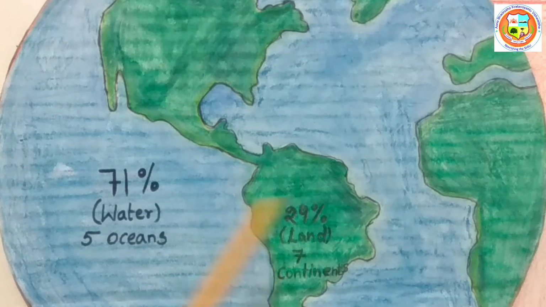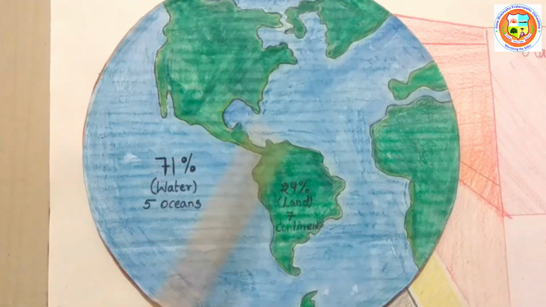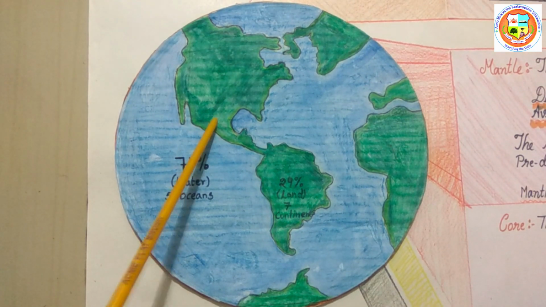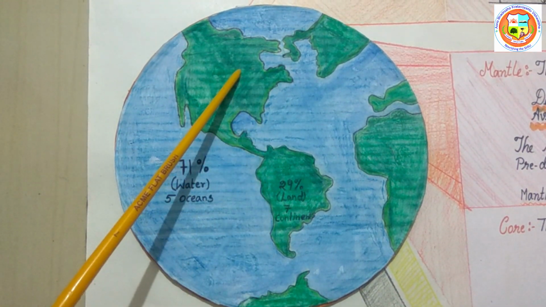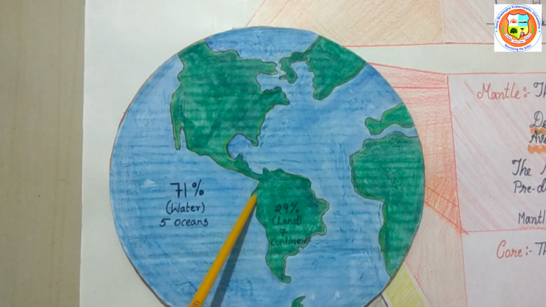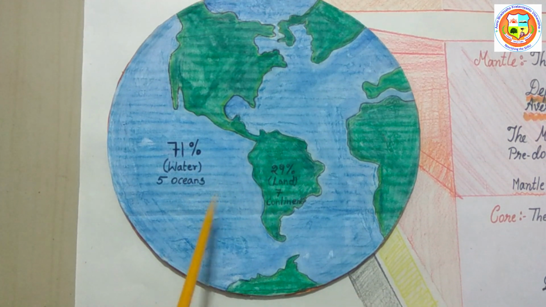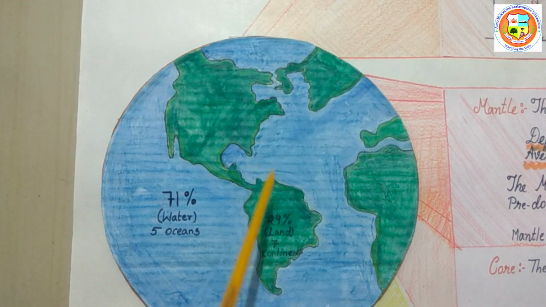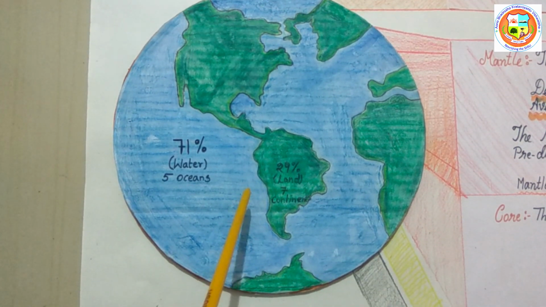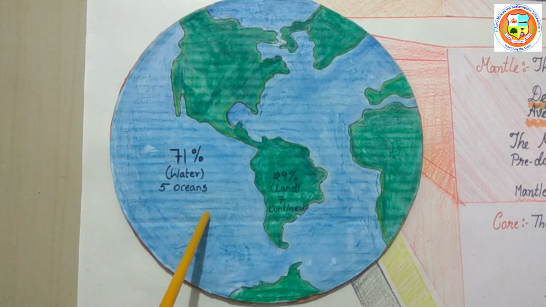Mostly on the earth, the land is concentrated towards the northern side, and water is concentrated towards the southern side. That's why the northern side is called the land hemisphere and the southern side is called the water hemisphere.